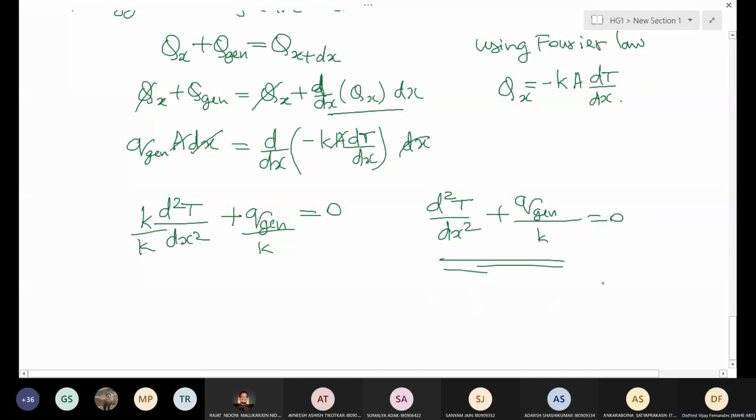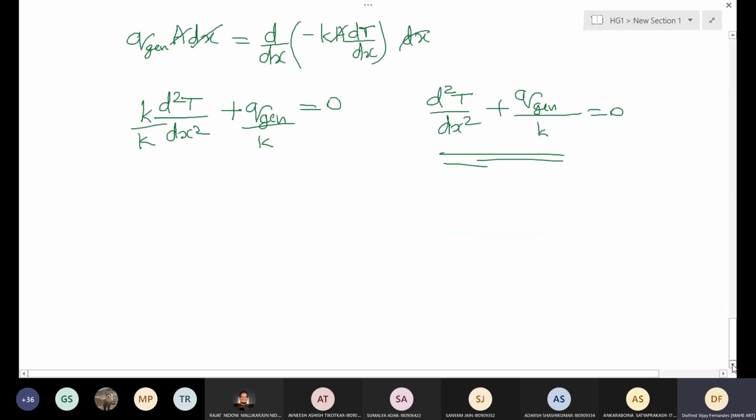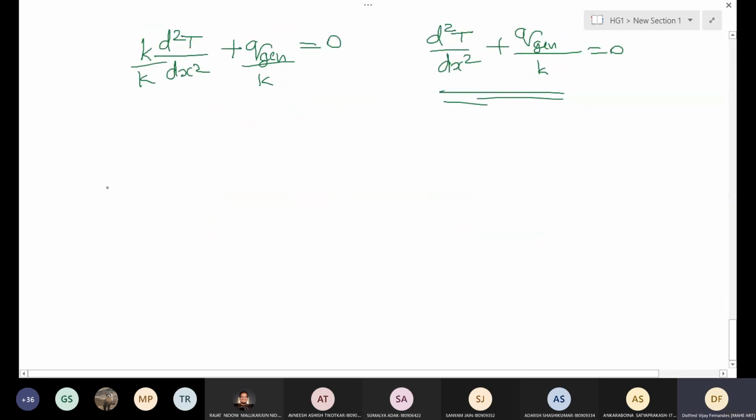Now we can integrate this equation two times. What do you get if you integrate this equation? Take d squared T by dx squared on the left, and the other part on the right hand side, q generation by k, and integrate it.